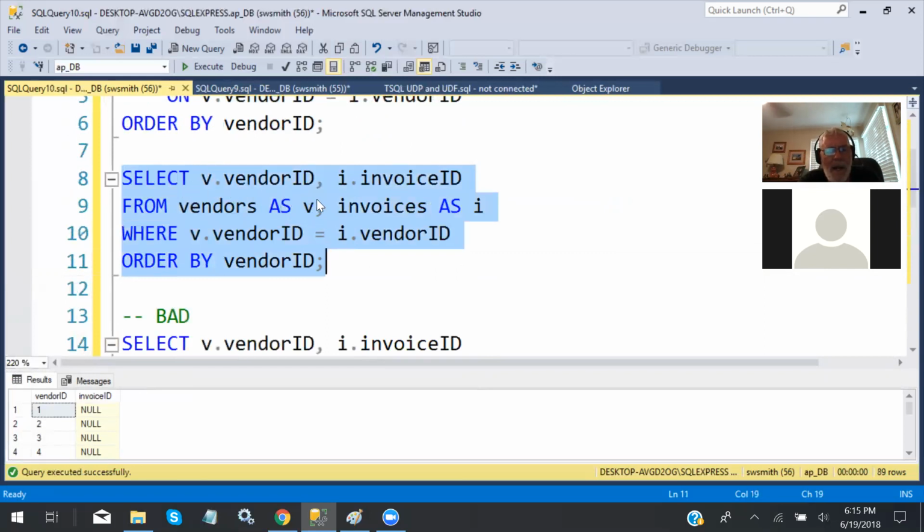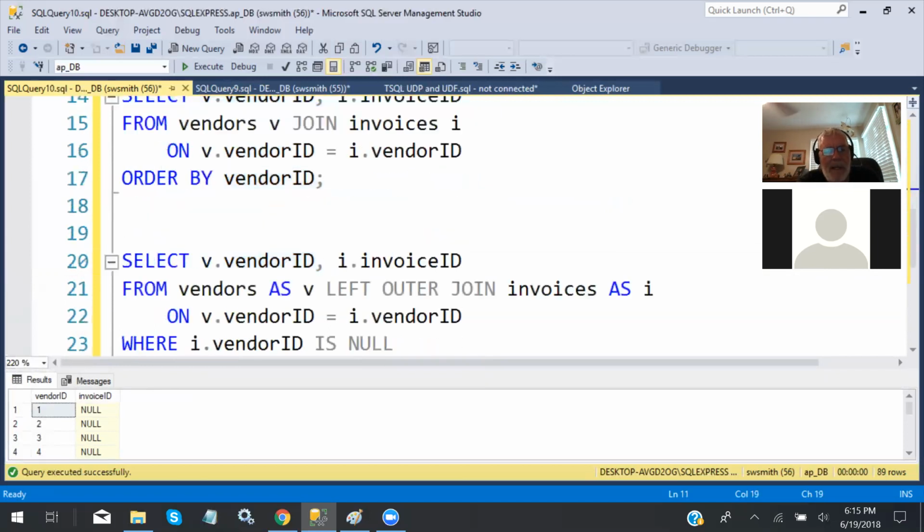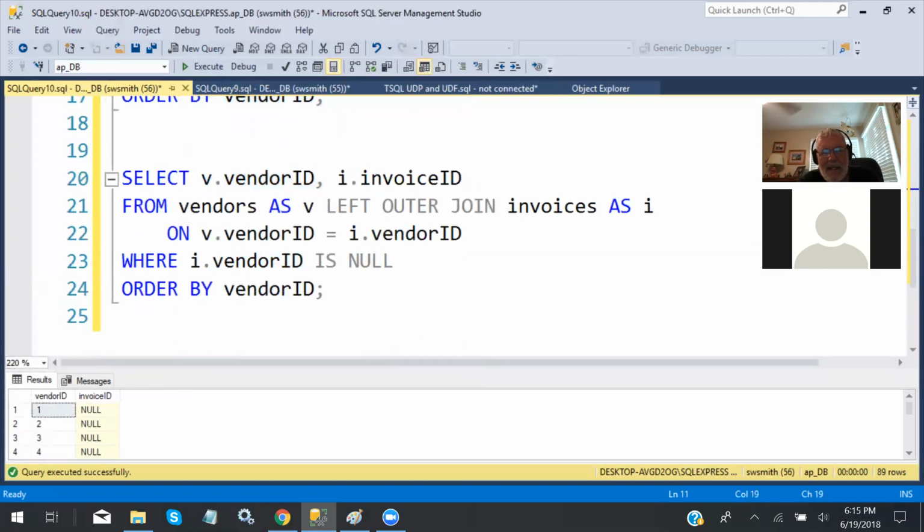When this was all that we had, we could say from vendors, and we would put a plus, from plus vendors, and that would say include everything from vendors. Sometimes it would be on this side, so that was inconsistent in how you said it. Therefore, in the early 1990s they came up with the newer syntax.